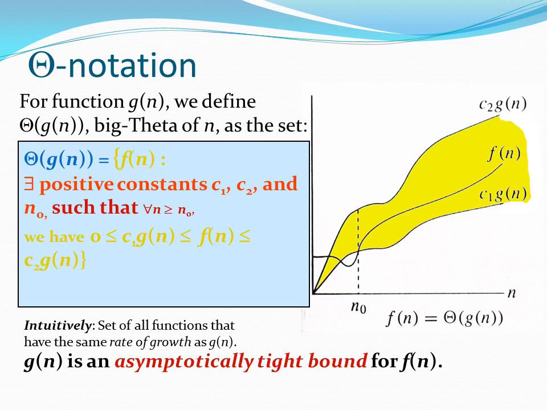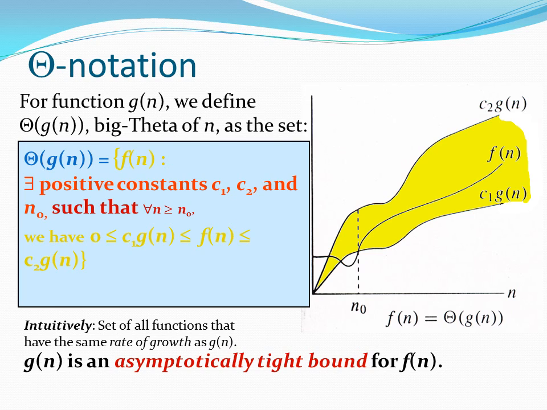Average time complexity means that for some algorithms the maximum amount of time and the minimum amount of time are both the same. In this formula, f of n lies in between C1 g of n and C2 g of n. Here C1 g of n is the lower bound and C2 g of n is the upper bound.